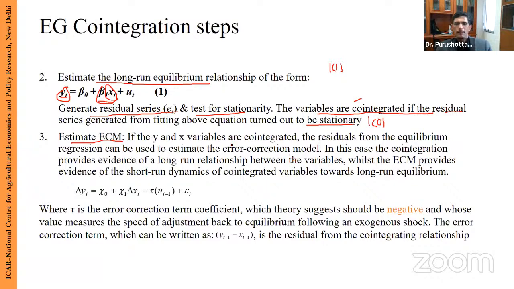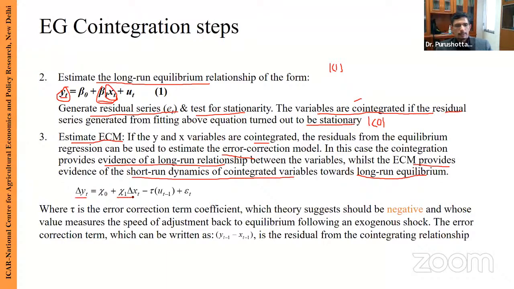So if X and Y variables are cointegrated, residuals from the equilibrium regression can be used to estimate the error correction model. In this case, cointegration provides evidence of long-run relationship, while ECM provides evidence of short-run dynamics of cointegrated variables toward long-run equilibrium. So how long it takes to adjust to the long-run equilibrium, or to what extent it is adjusting.